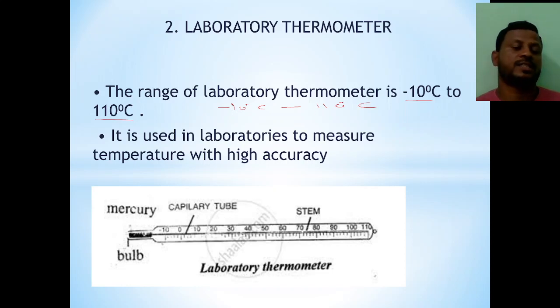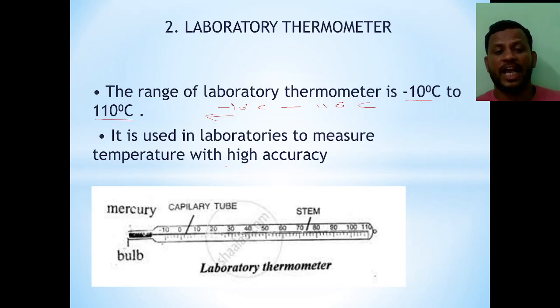Minus means when the temperature falls below zero. In the winter season, we see temperatures below 0 degrees Celsius in the Arctic, like -10, -20, -32 degrees Celsius. Right?